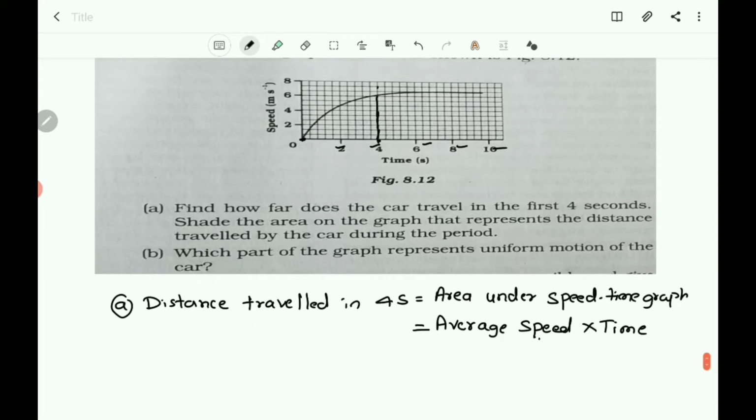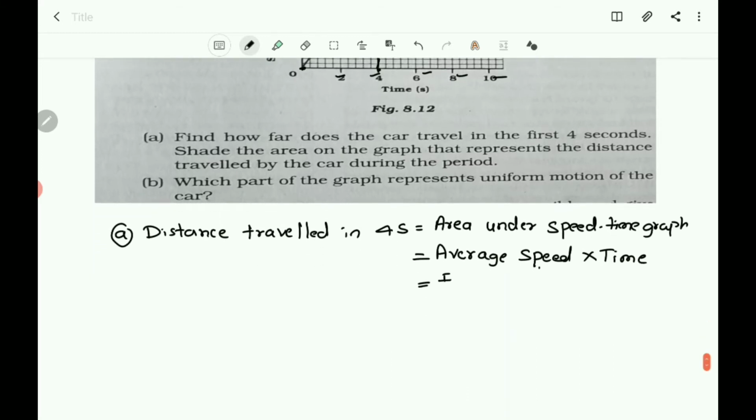Average speed means the average of the speed at 0 second and 4 seconds. That is, initial speed plus final speed by 2, into time.